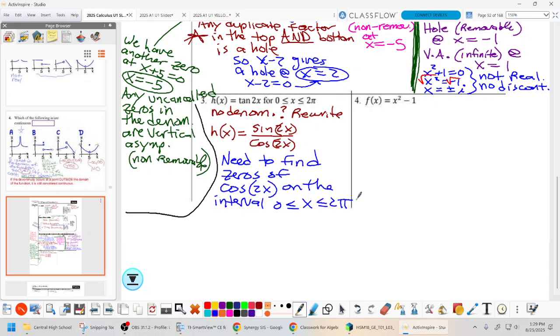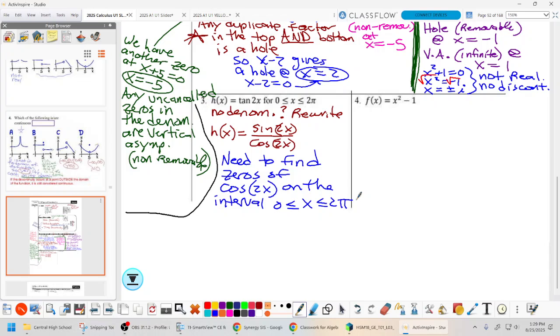So now you need to know your trig circle, right? Your unit circle. Where does cosine have zeros? Just cosine. Say it. Pi, 2 pi, 0. That's where sine does. Yeah, good job.